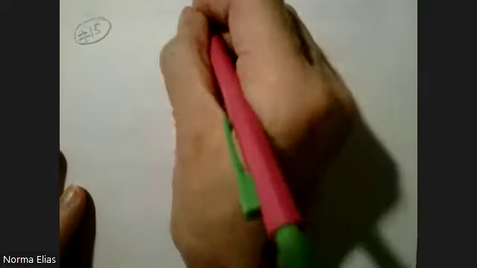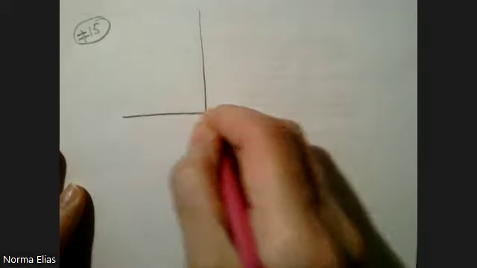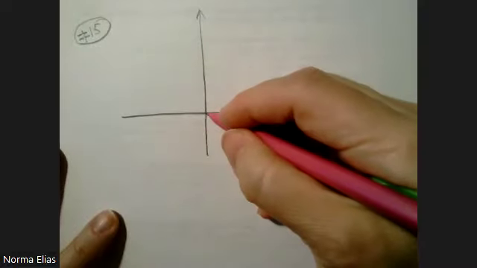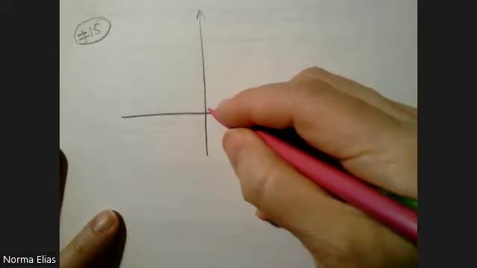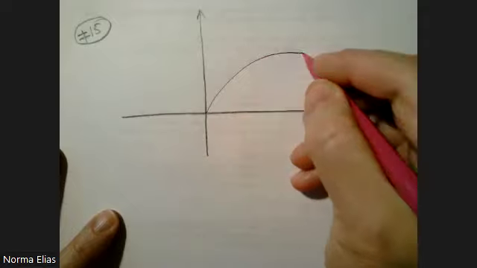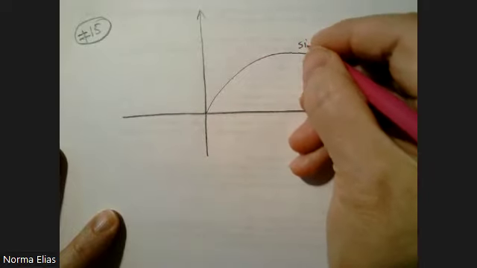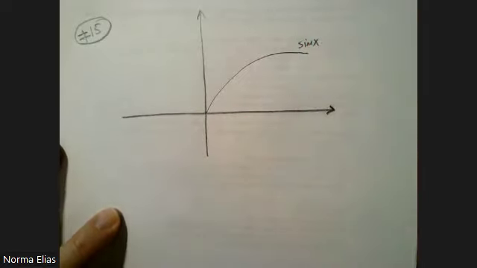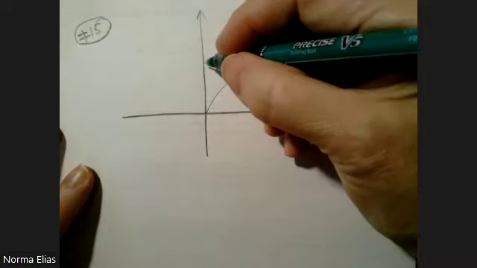Now I move on to number 15. So I draw the graph clearly here, and this is what I have. I have the graph of sine x, that's the sine of x. And then I have the graph of cosine.